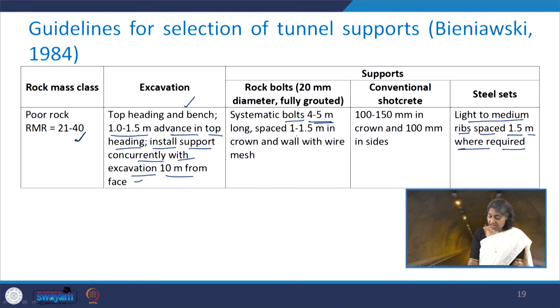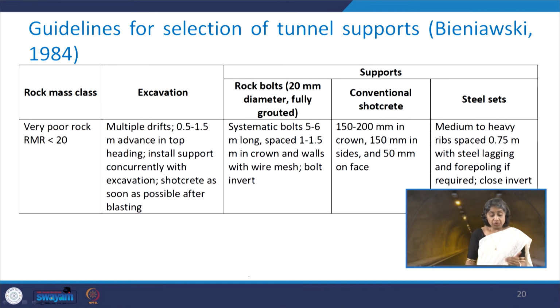These are spaced 1 to 1.5 meter in the crown portion and wall with the wire mesh. As far as the conventional shotcrete is concerned, one needs to provide 100 to 150 thick shotcrete layer in the crown portion and 100 millimeter thick shotcrete layer in the side walls of the tunnel.